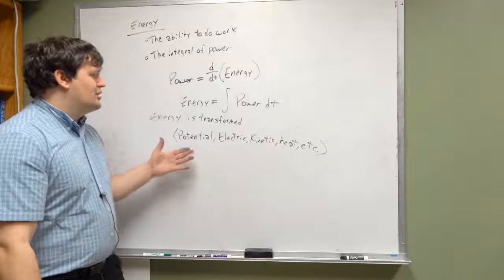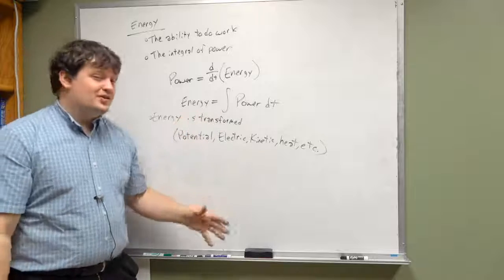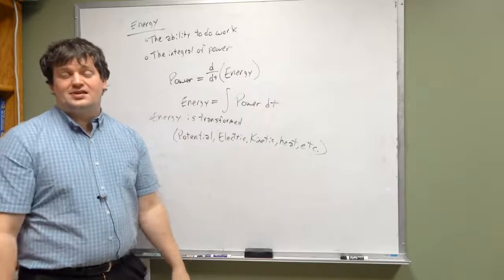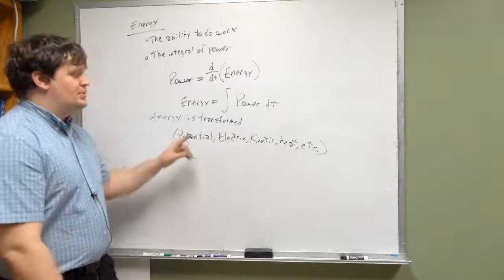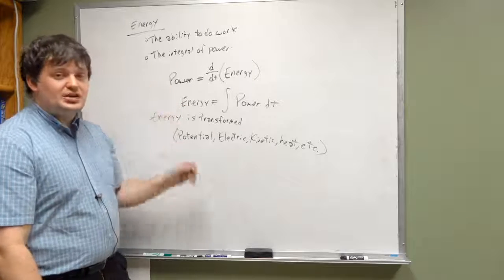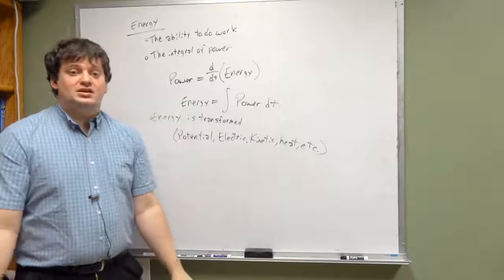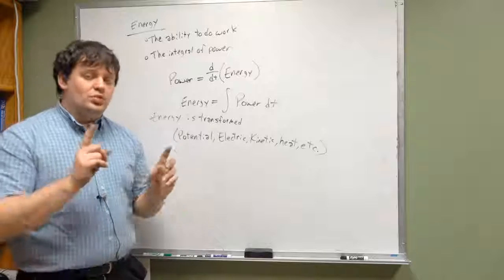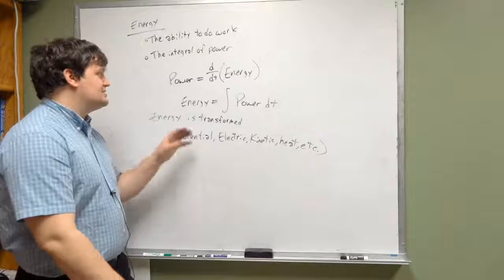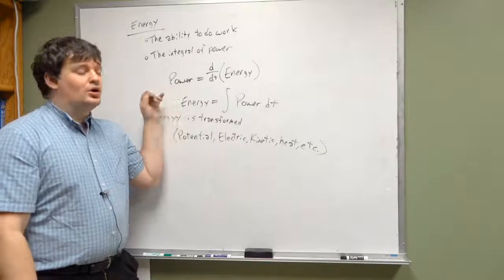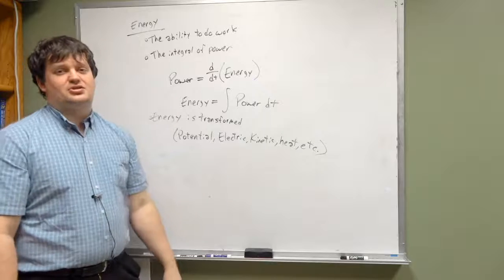So energy and power are even related when it comes to burning things in a fire. Being able to understand how energy and power are related is really important. For a lot of what we're going to be dealing with in this class, we're going to be talking about power more than energy.